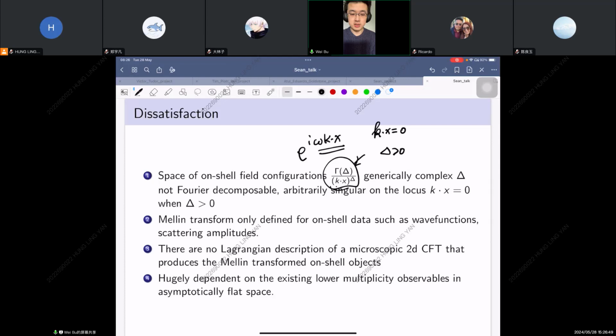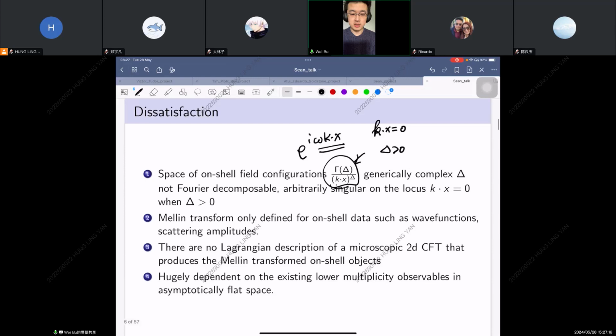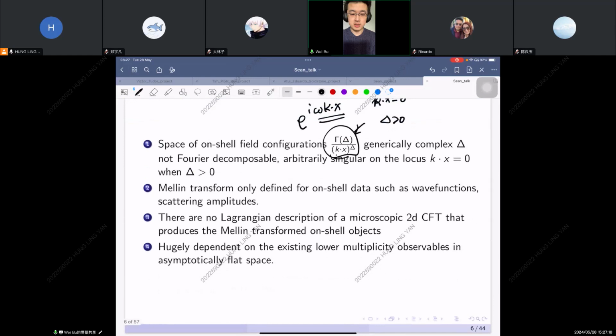That means there cannot be a Lagrangian description of some 2D microscopic CFT that actually produces the underlying conformal correlator that you're claiming is supposed to be coming from some celestial CFT, if you like. So there hasn't been any specific form of a celestial CFT generated, which intrinsically dynamically produces these conformal correlators.